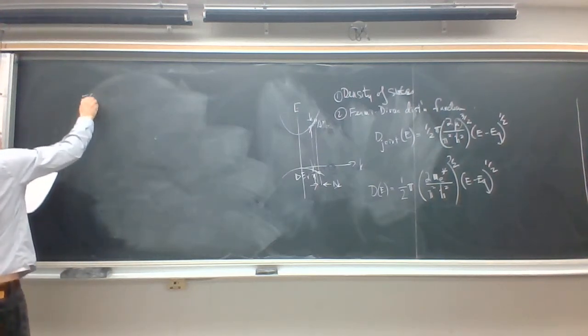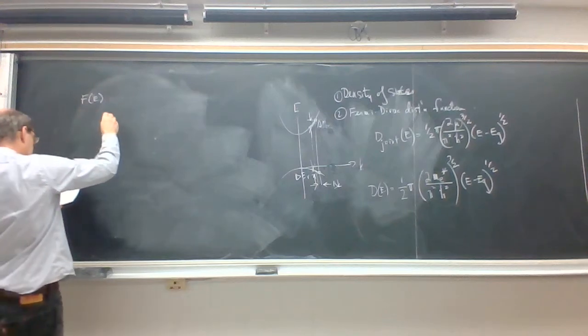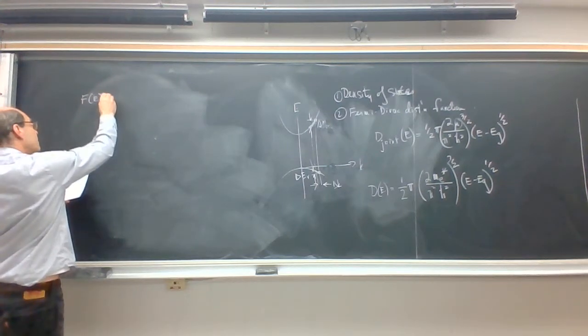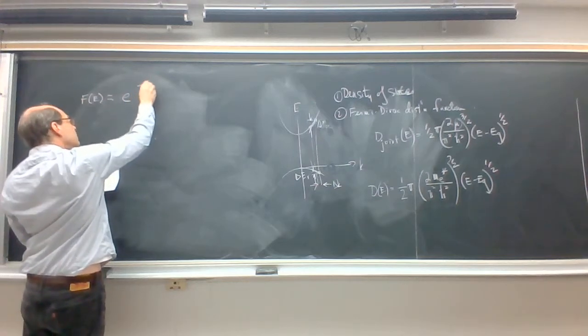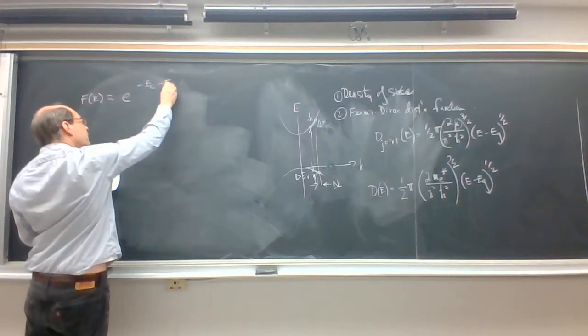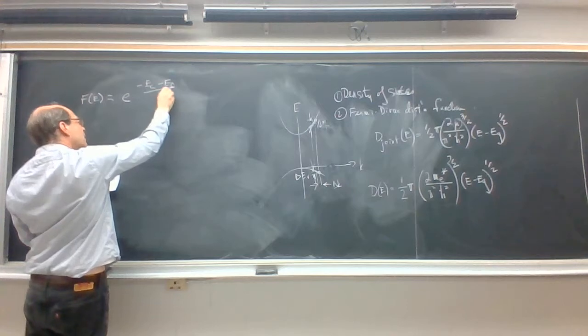And the Fermi-Dirac distribution function is approximately e to the minus (EC minus EF) over KT.